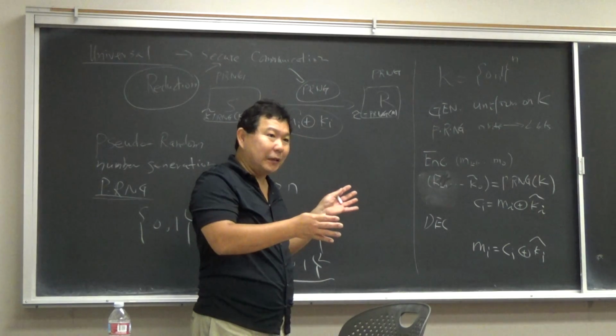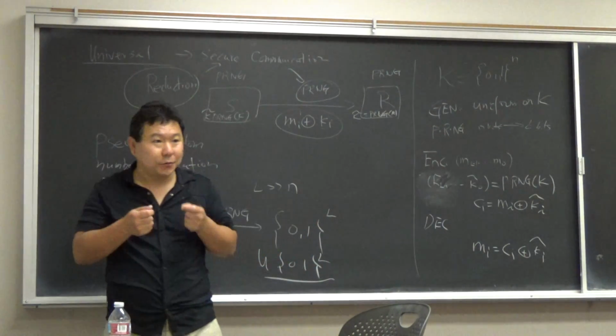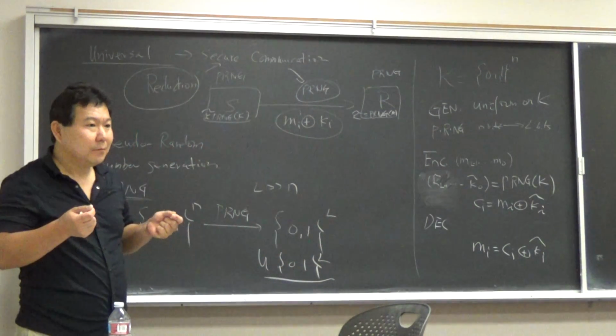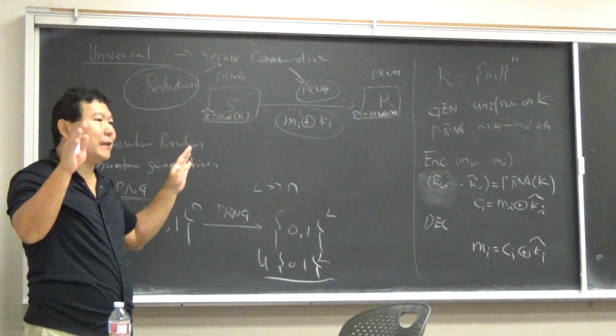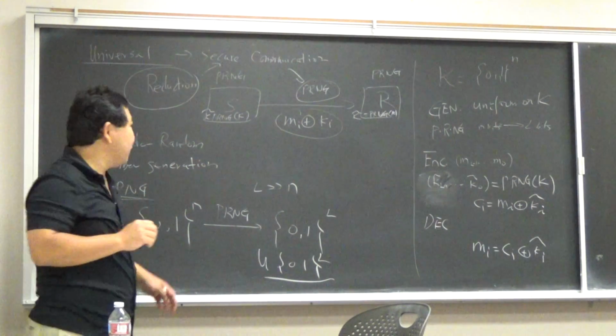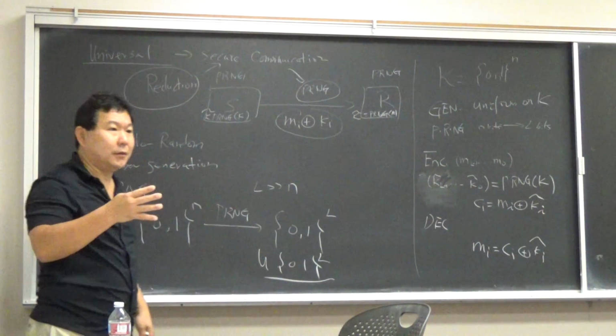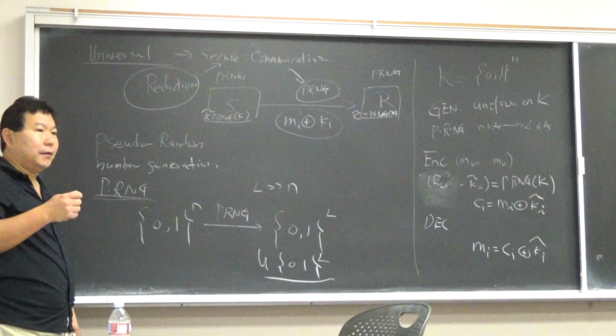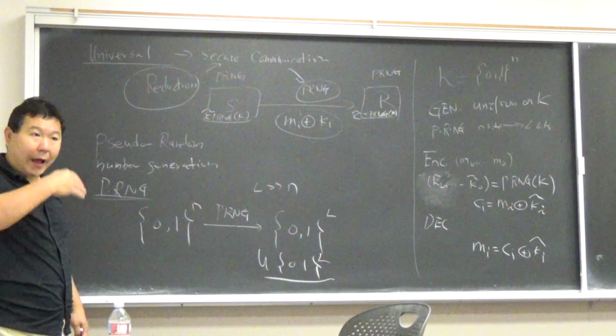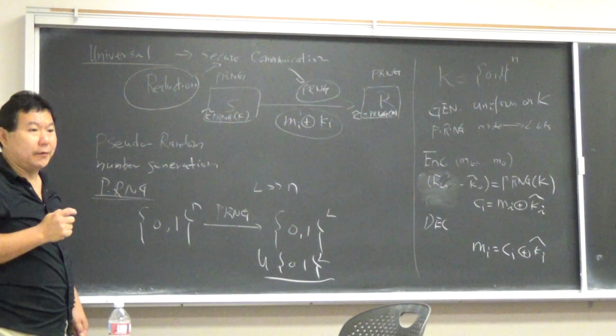So this basically says that if you can generate pseudo-random numbers that eventually meet the standard we have defined, then secure communication can be accomplished at the proper security level.